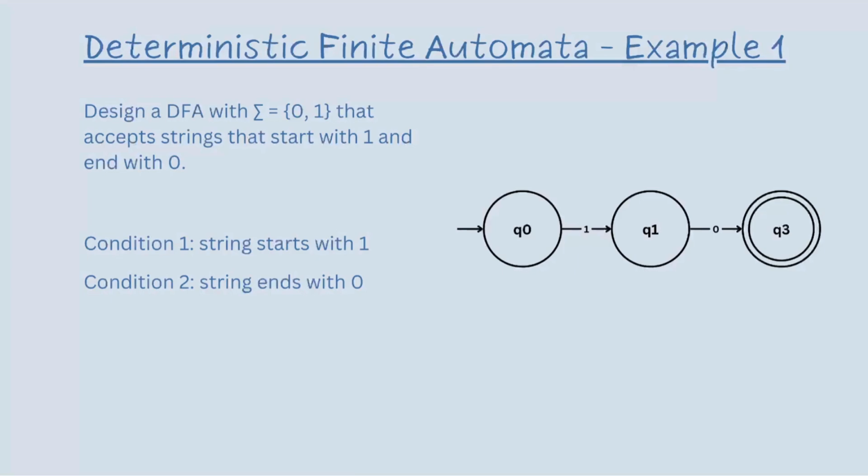So from Q0, if you read a 0, you will be going to another state, which we're going to name Q2. And if you're in Q2, this means that the string didn't start with a 1, therefore the string will always be rejected, since both conditions have to be true for the string to be accepted. So once you're in Q2, you will stay in Q2 and you will be rejected.